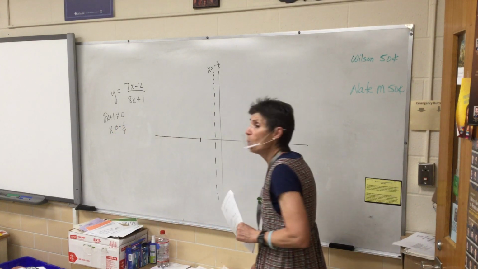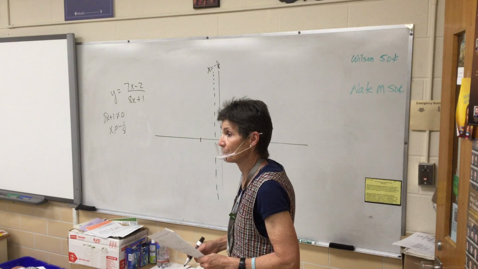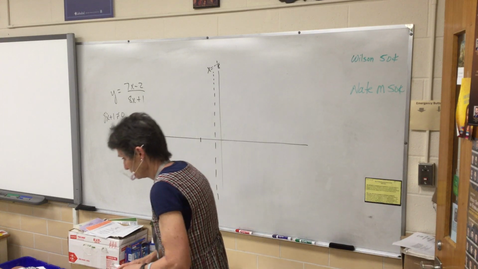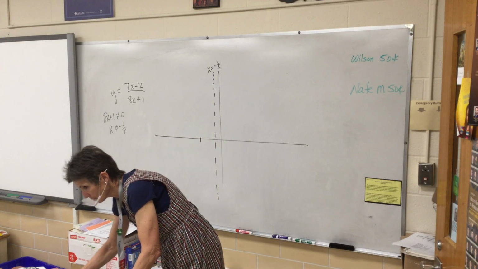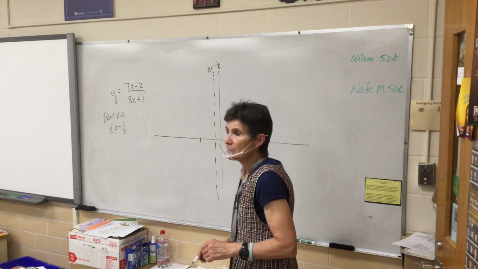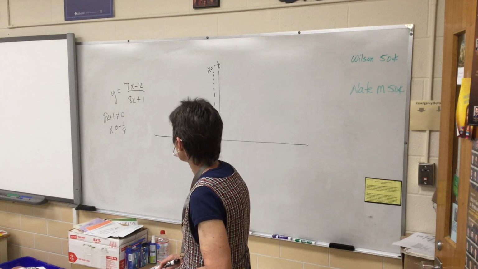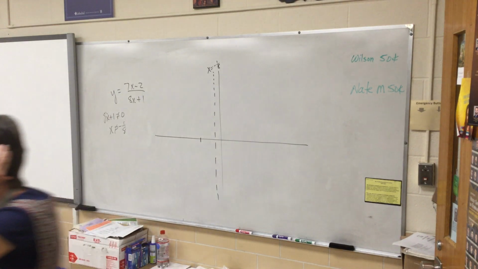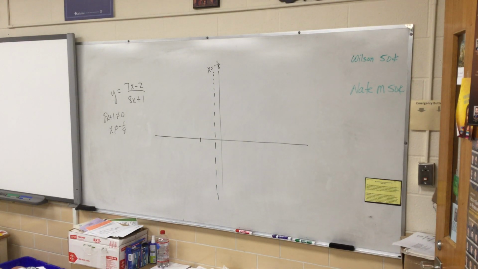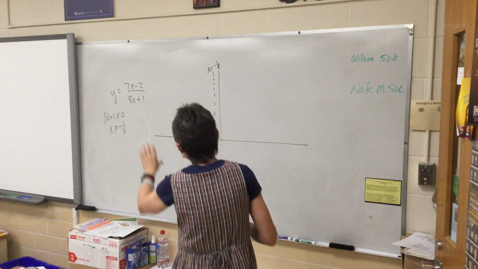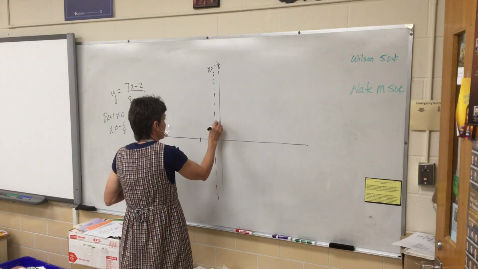All right, how about a horizontal asymptote? Y equals 7/8. Yep, y equals 7/8 right from here.